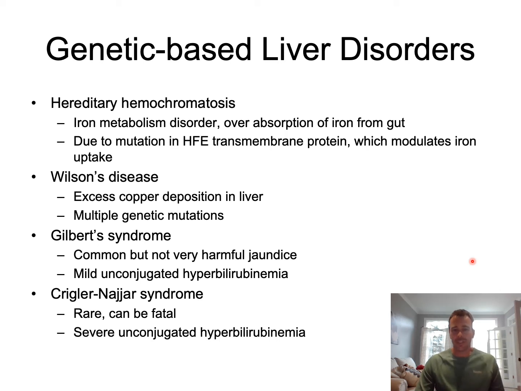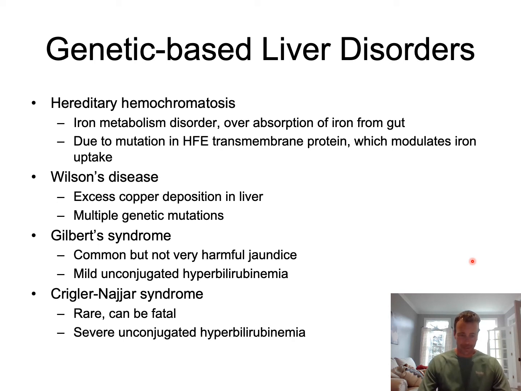It's due to a mutation in the HFE transmembrane protein, which modulates iron uptake. Wilson's disease, which I alluded to, is an excess copper deposition in the liver, and this can be due to different genetic mutations. Gilbert syndrome is another liver disorder. It's common, but it's not very harmful. It can lead to jaundice.